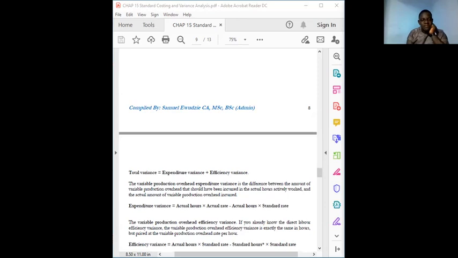So the total variable production overheads variance is divided into variable production overheads expenditure variance and variable production overheads efficiency variance.